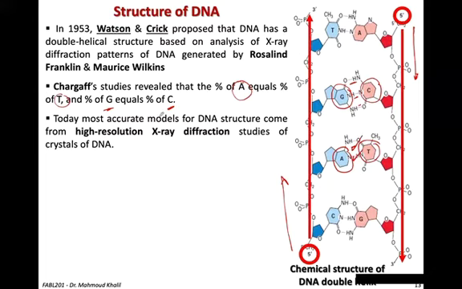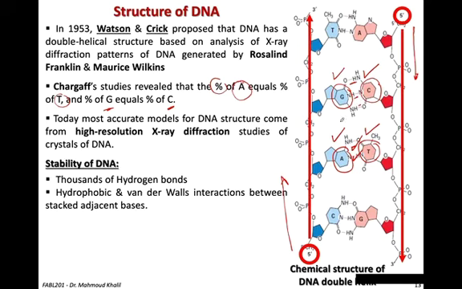That's why Chargaff found earlier that the percentage of A usually equals the percentage of T, because both of them bind together, while the percentage of G's equals the percentage of C's, because both of these bases bind together.